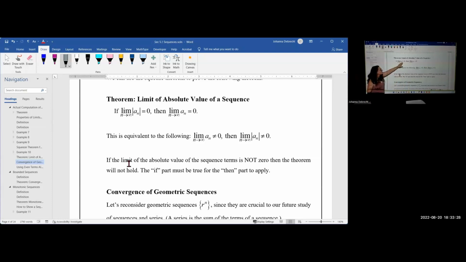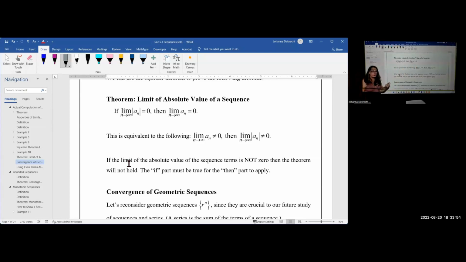If the limit of the absolute value goes to 0, in other words, whatever the terms of the sequence are, you make them all non-negative, and as you go to infinity those values get close to 0, then it must be that if you allow them to be positive or negative, it still goes towards 0, even if it were alternating in sign.